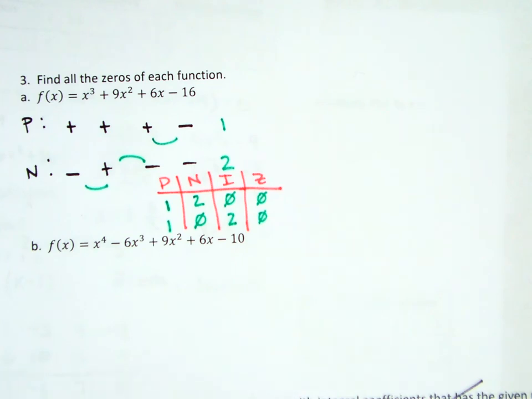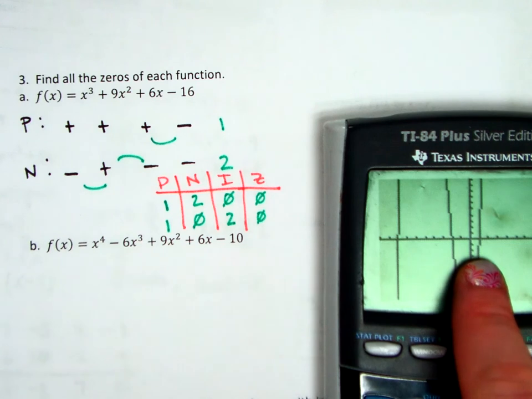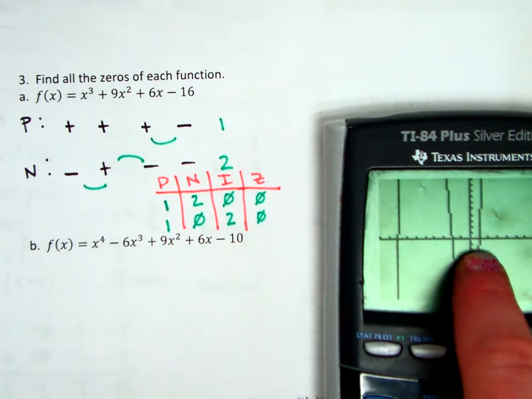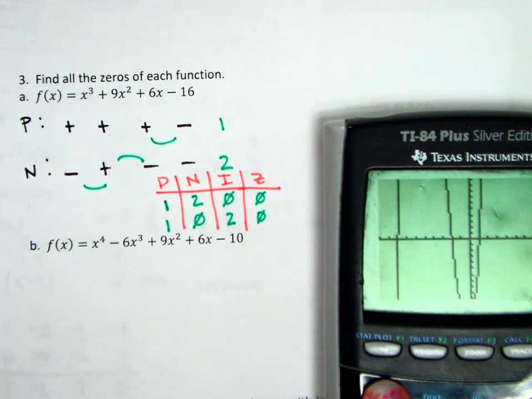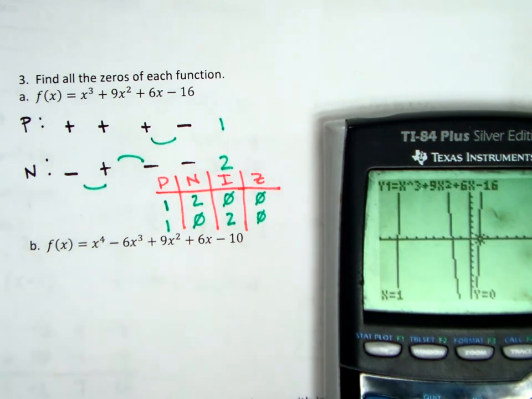So what you do is you pick one of those solutions. One of them. You don't have to pick all of them. I like to pick the positive one because it's already positive. Also, that's 1. And if I don't believe myself, I go second calc, and I can do the value, and I hit 1, enter, I get 0. Or second calc, 0, and I go 0, 3, get my little number, and it's 1.